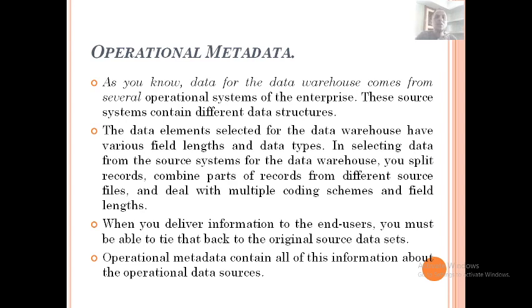Now there are n number of branches, and each of them has its own operational system, where all the transactions they do will be stored. Those data elements selected for the data warehouse have various fields, field lengths, data types, etc. Each product will have its own description.